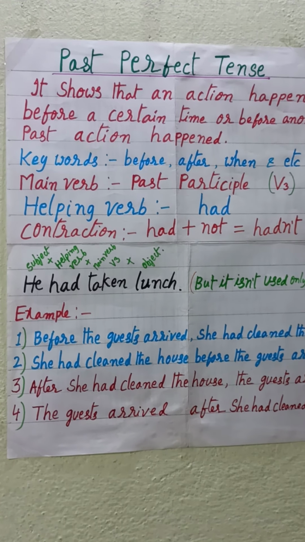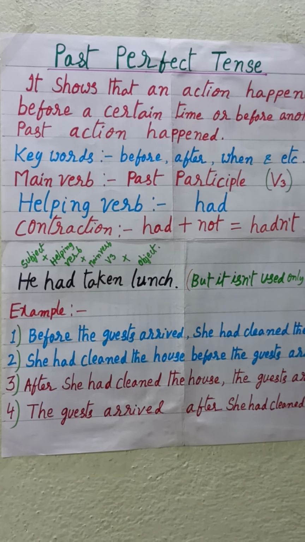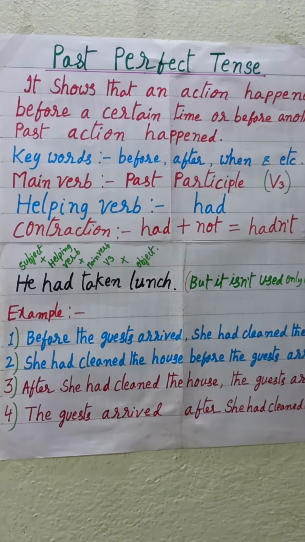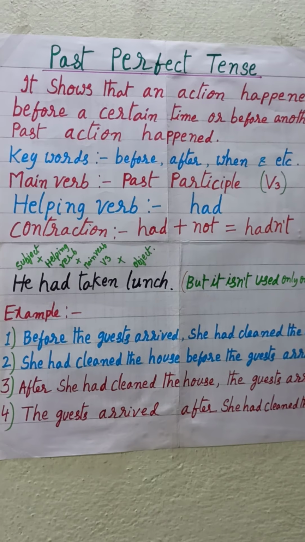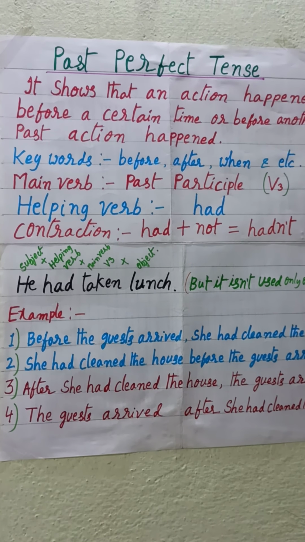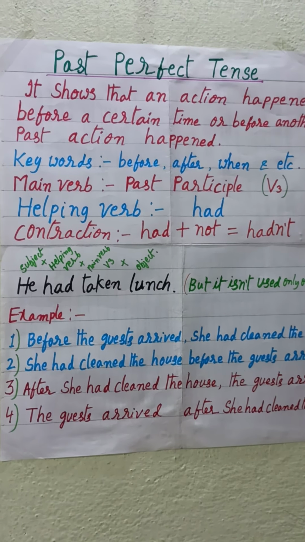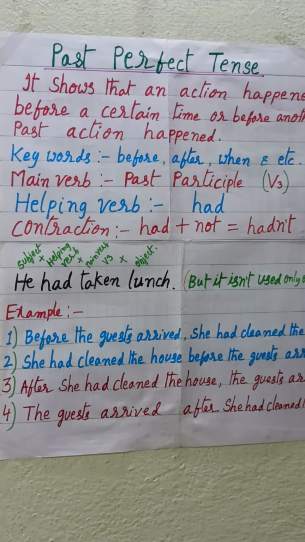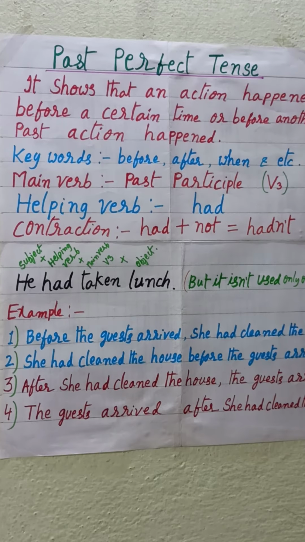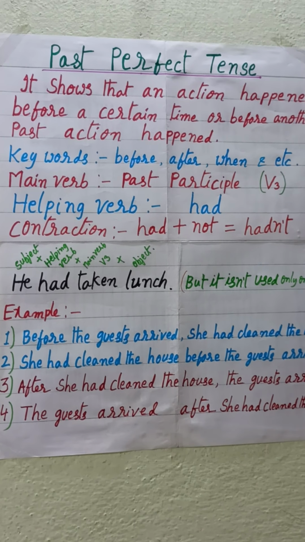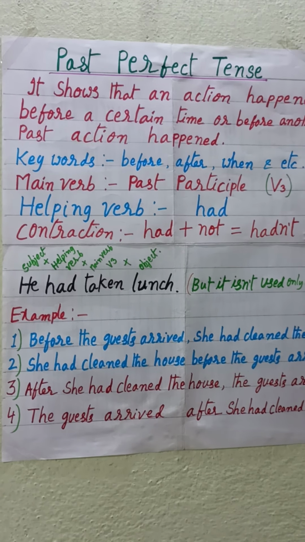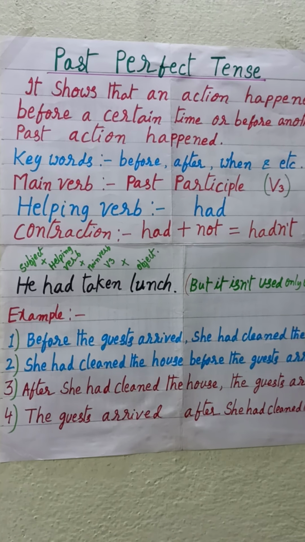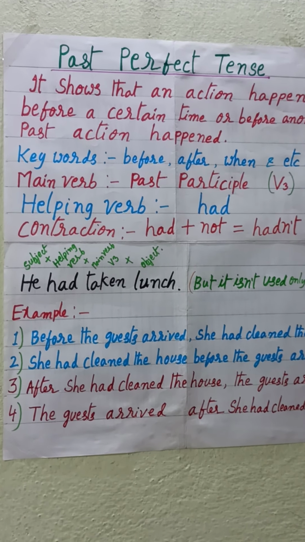They are present, past, future. We use the same main verb in the three perfect tenses, that is present, past, future. The main verb is past participle or V3.